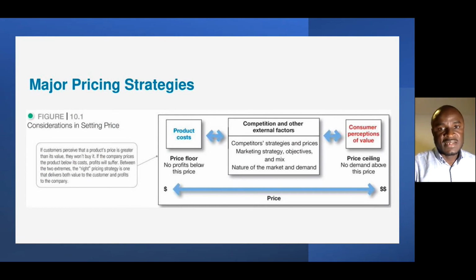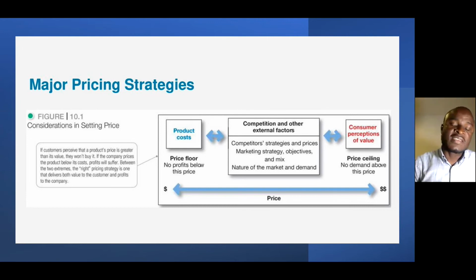What does it mean? What you have to understand is that if customers perceive that the price is greater than the value of the product you are selling, what is going to happen? They are probably not going to buy. So you are selling a cell phone to me, and after analyzing the content of your cell phone, I can just make some calls and text messages to my family, relatives, friends, and so on.